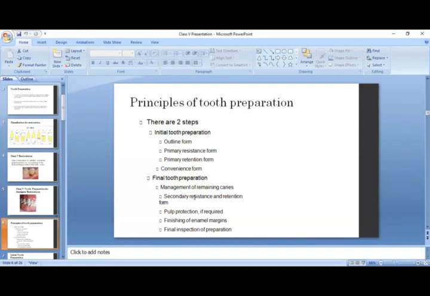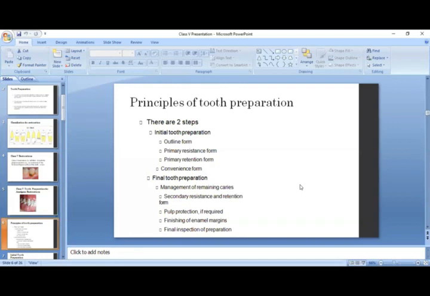Secondly, the secondary retention and resistance form. As I already told you earlier, most of the cavity designs, depending on the restorative material, require some parameters to resist against the occlusal forces, the chewing forces, or the forces that ultimately come on the tooth structure and the restorative material.